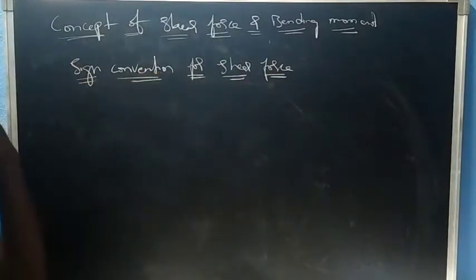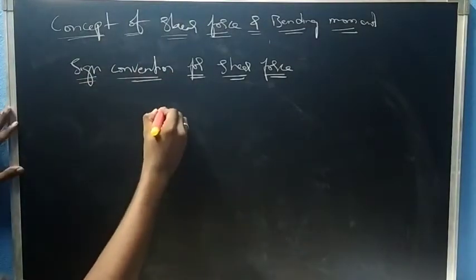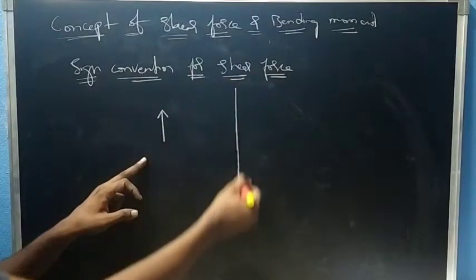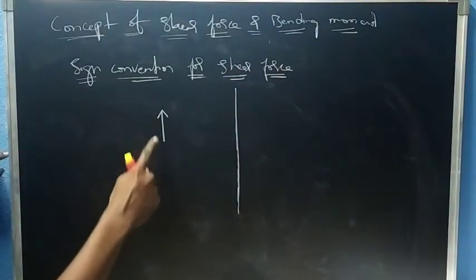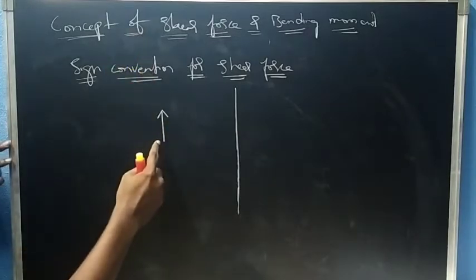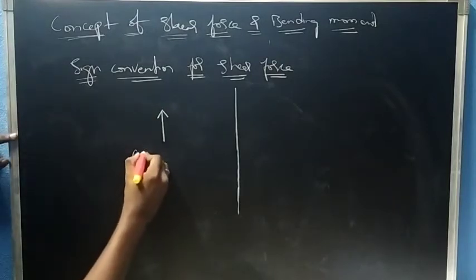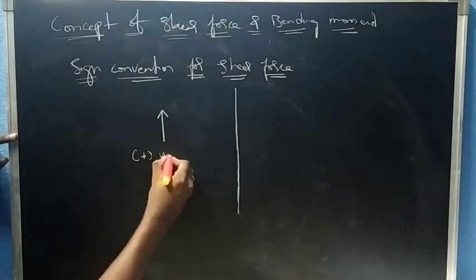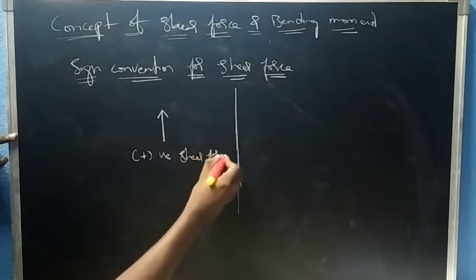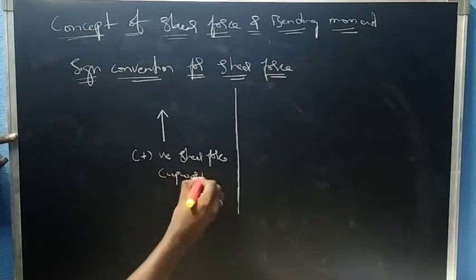So how to take the sign convention, whether to take positive or negative? If the arrow, that means the force at the support, is showing upward direction, right, we'll take it as positive shear force, that is upward direction. I will write upward, right?